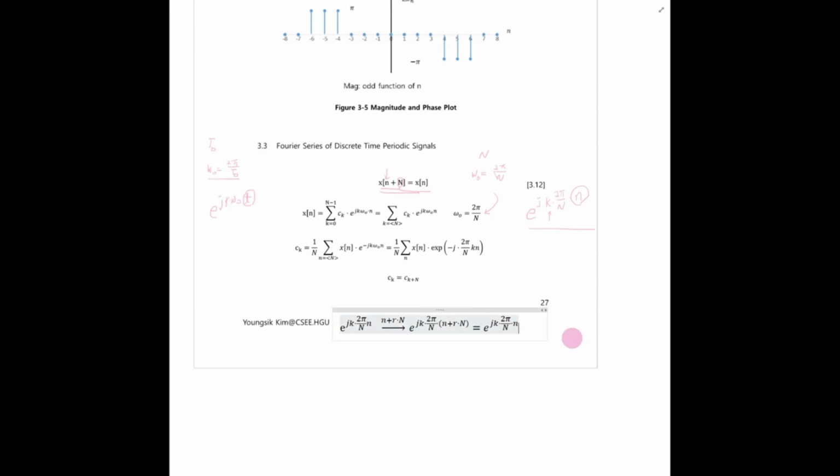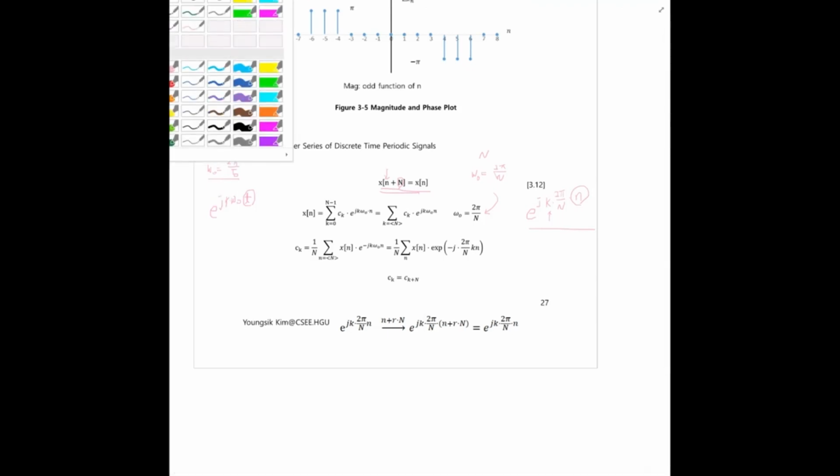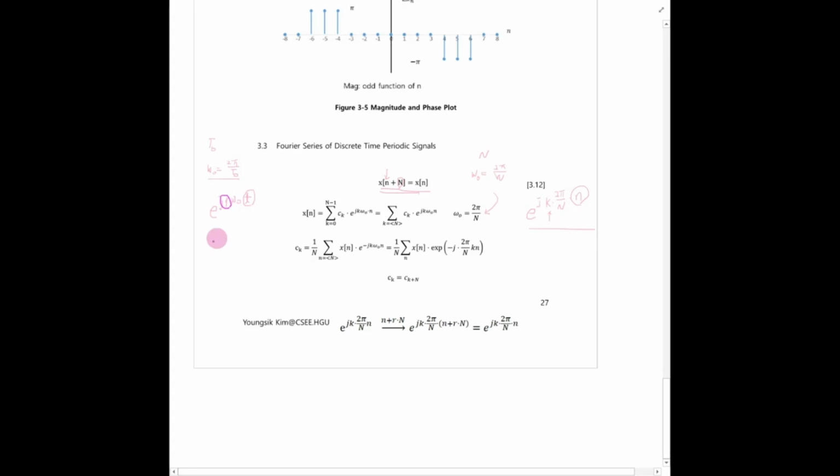So what does this mean? Let's think about the range of this k. What kind of values of k are possible? In the continuous domain, k takes 0, plus minus 1, 2, 3, any integer value.